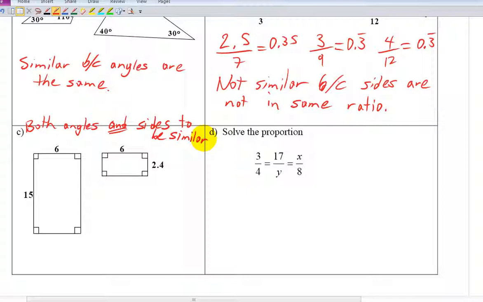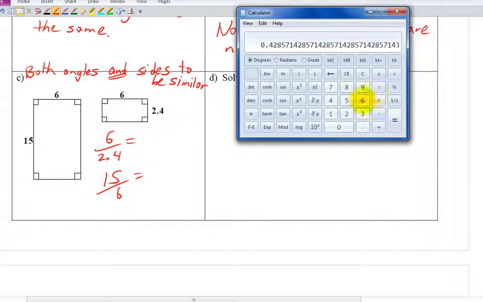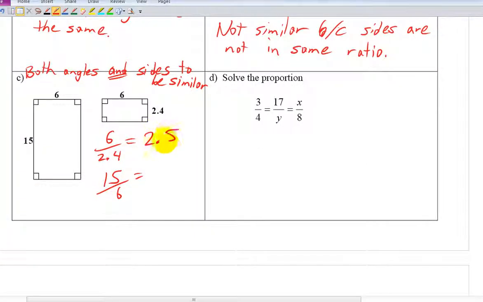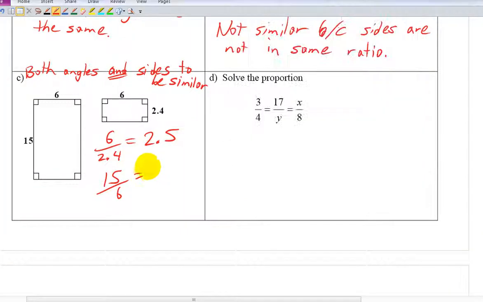Okay, so we're talking about sides and corresponding ratios. So let's take our small side 6 divided by 2.4. It could be the other way around, that's fine. Our large side of 15, divide that by 6 and see what we get. So 6 divided by 2.4 equals 2.5. 15 divided by 6 equals 2.5. So are these shapes similar? Yes.